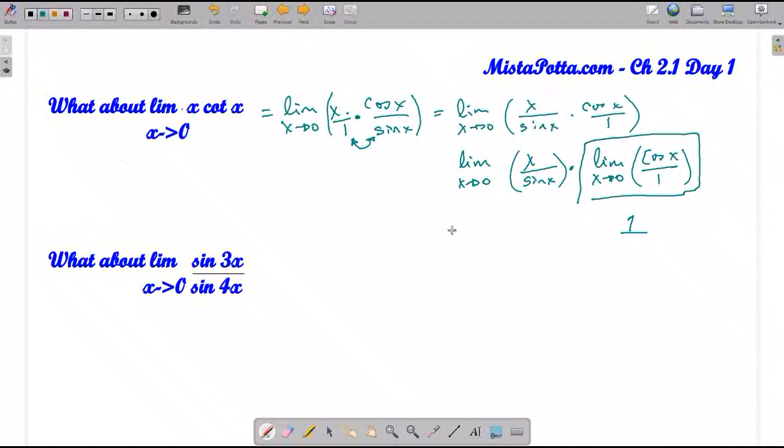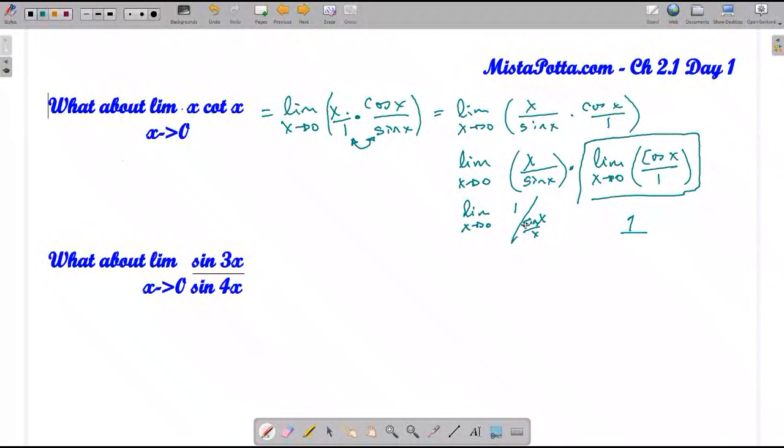This, however, is really the limit as x approaches 0 of 1 divided by sine x over x. It's really the reciprocal of this function.